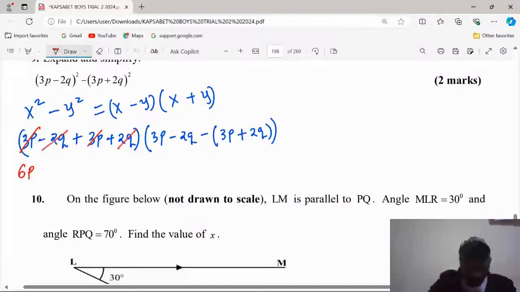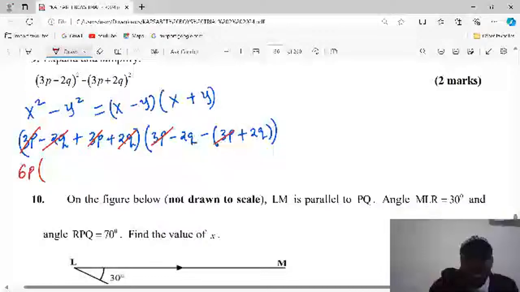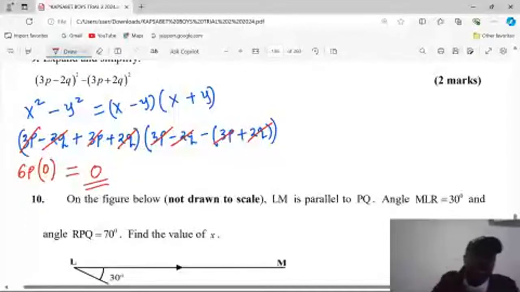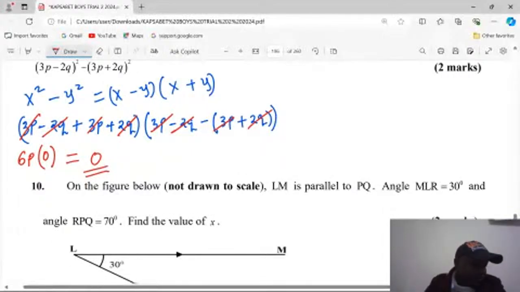In the next bracket, we're going to have 3p minus 3p, that one becomes a 0, plus 2q, that also becomes a 0. This one amounts totally to a 0. So the answer is a 0 in this case.